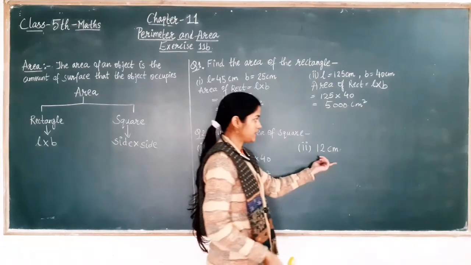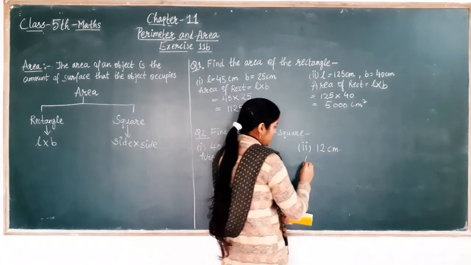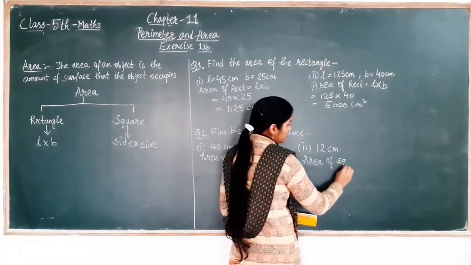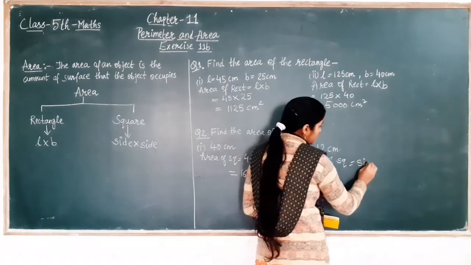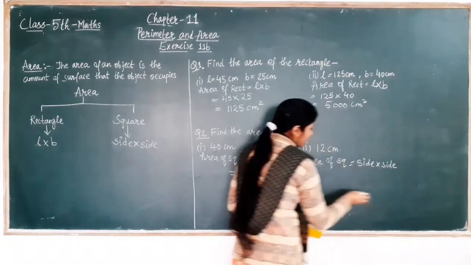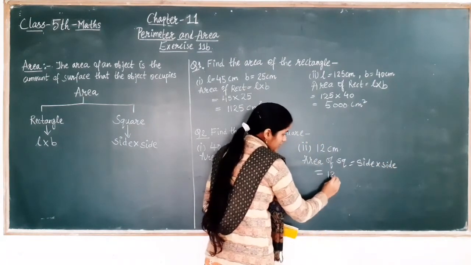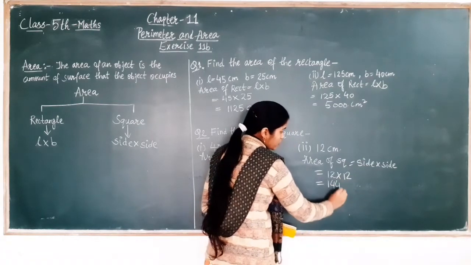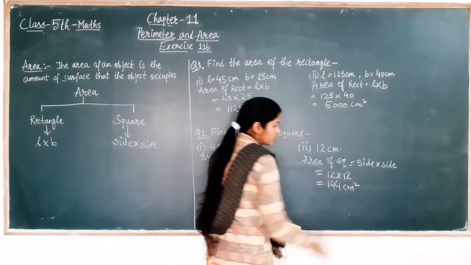Now we'll see the next one, that is 12 centimeters. Area of square is equal to side into side, so 12 into 12, that is 144 centimeter square.